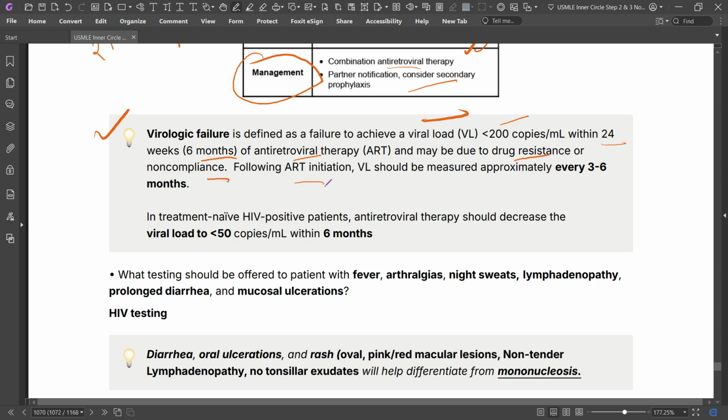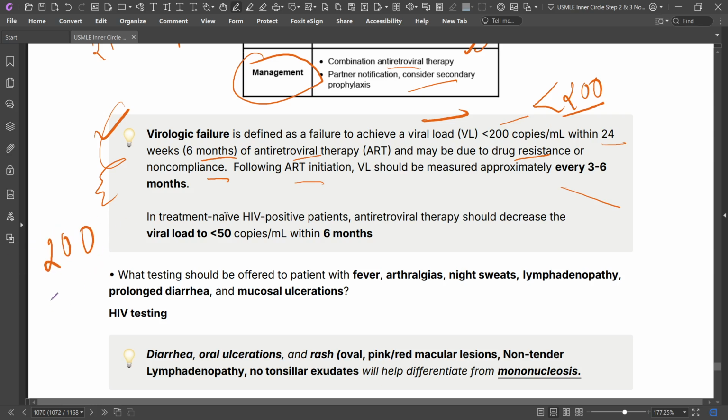Following antiretroviral therapy initiation, viral load should be measured approximately every 3 to 6 months. So, what is virologic failure? It is a failure to achieve a viral load of less than 200. Our target is to achieve a viral load less than 200 copies within 24 weeks.